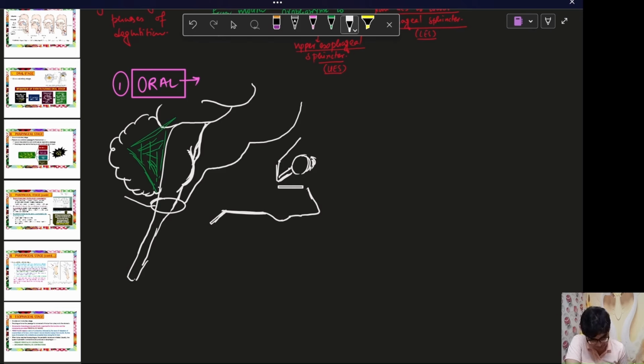Correct? Now, here there is the throat, and this is the part of the oral cavity. Okay. This is upper lips, these are lower lips. Okay, no problem.